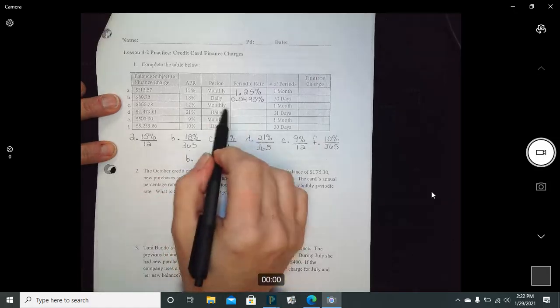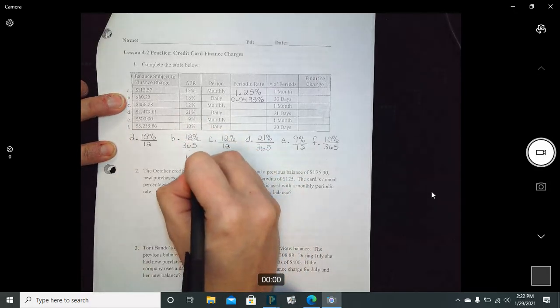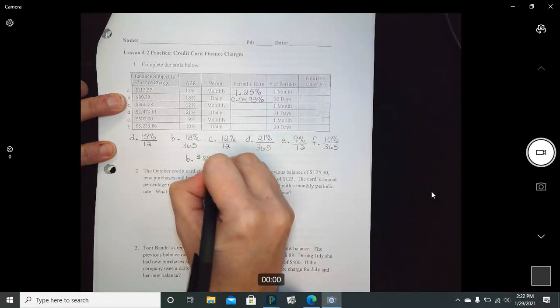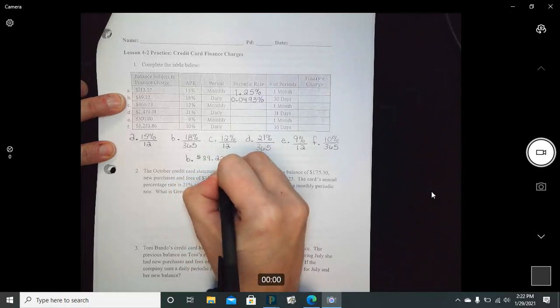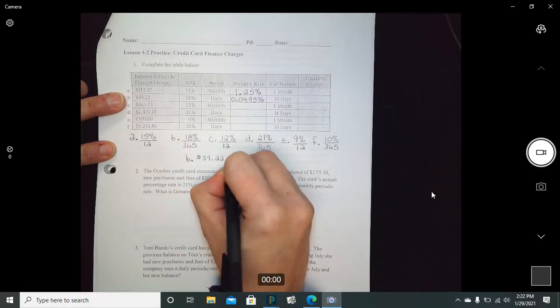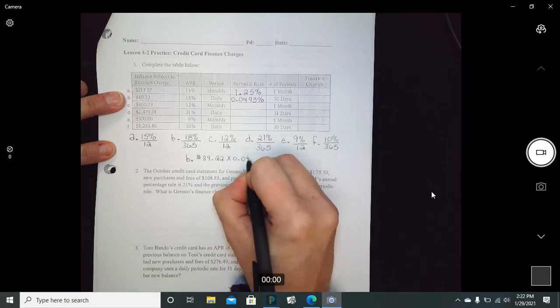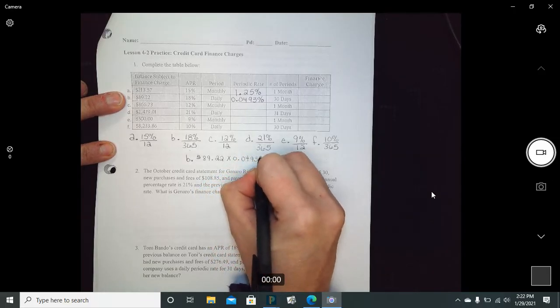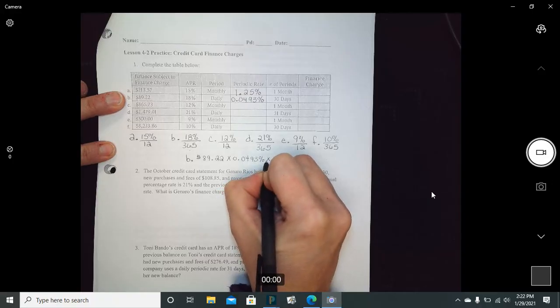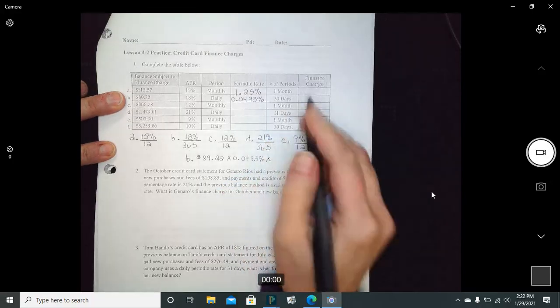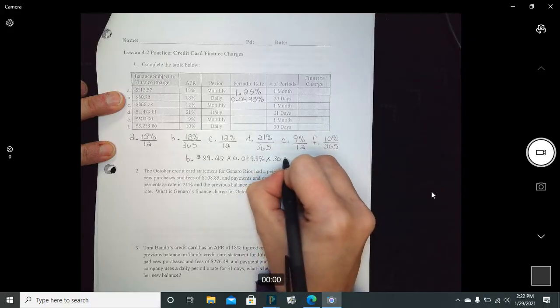I have my amount, which is $89.22, multiplied by my periodic rate of 0.0493% times the number of periods, which is going to be 30.